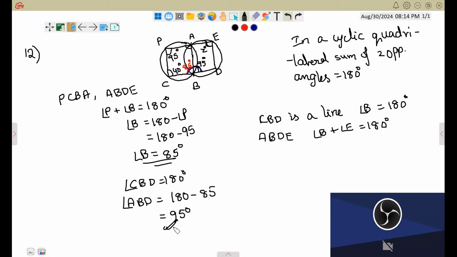Already I found the angle ABD, which is 95, plus angle E, that is Z, equal to 180. So what is the Z value? 180 minus 95, that is equal to 85 degrees. So angle Z is equal to 85 degrees is the answer. Option D is correct.